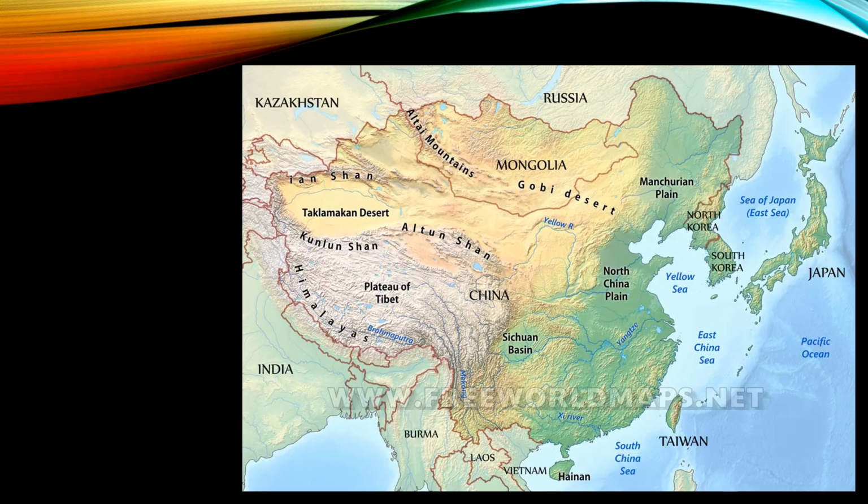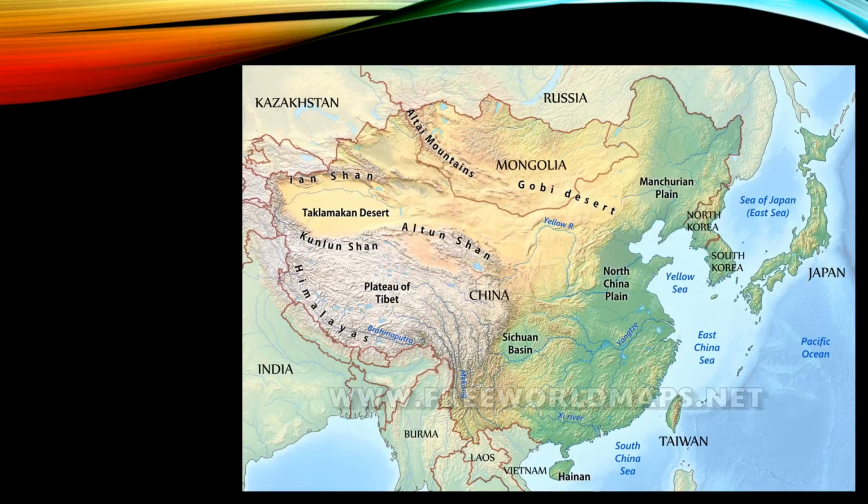Alright, so in the West, what geographic features are there that would prohibit people from living there? Oh, look, it's a desert. Also, the Himalaya mountains are there, and the Altun Shan and the Tian Shan. These are mountain ranges. Himalayas have the highest peaks in the world.